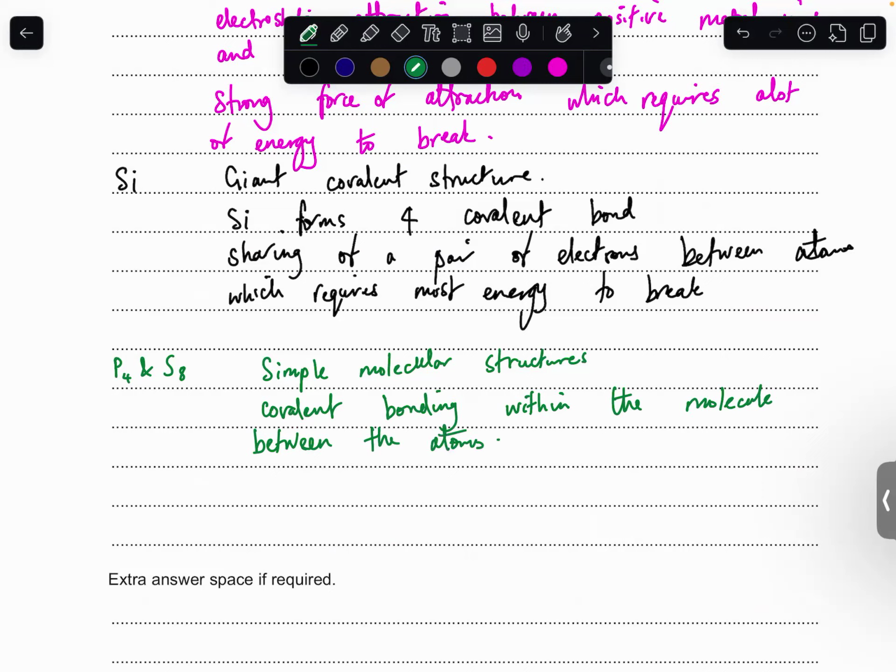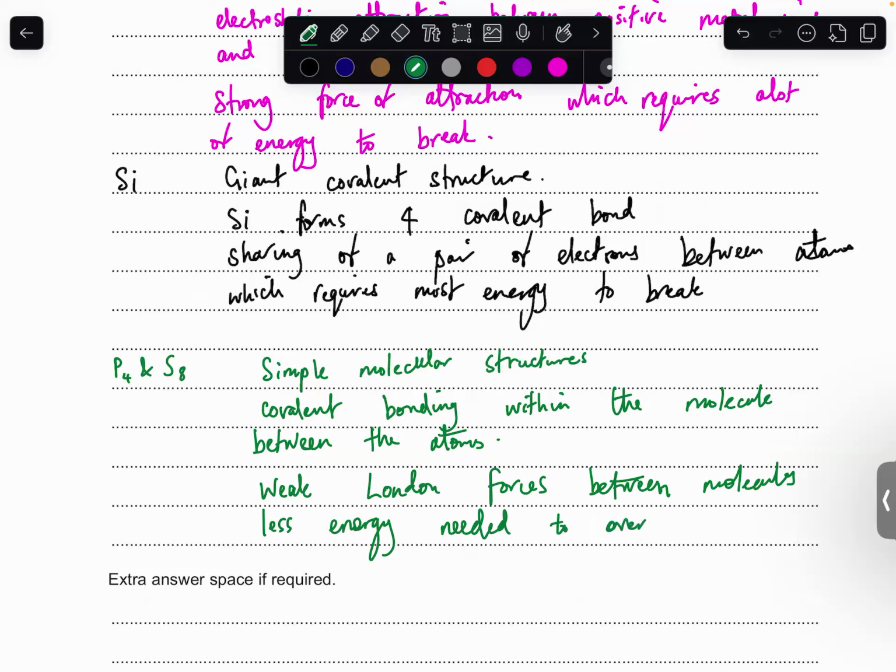However, there are weak London forces between molecules which are easy to overcome. So less energy needed to overcome. That's why these two have the lowest.